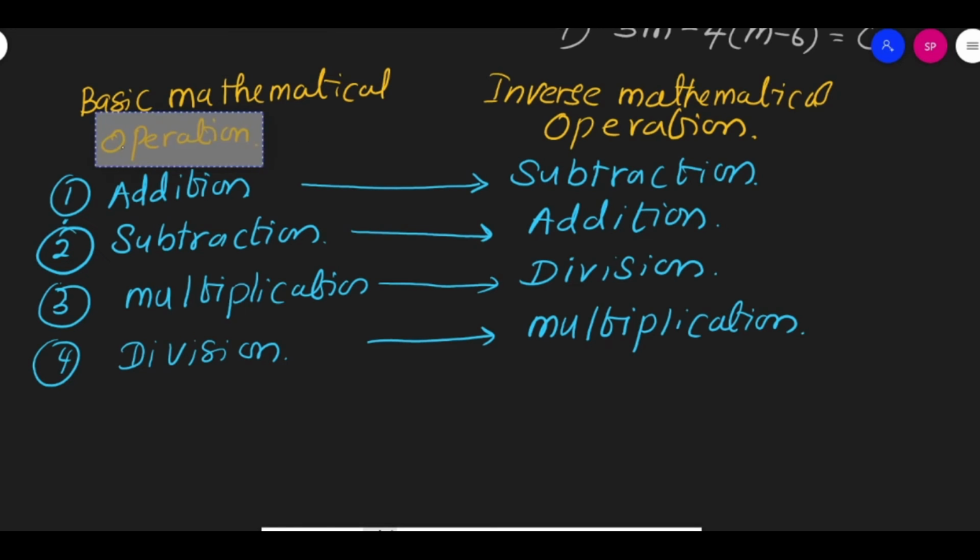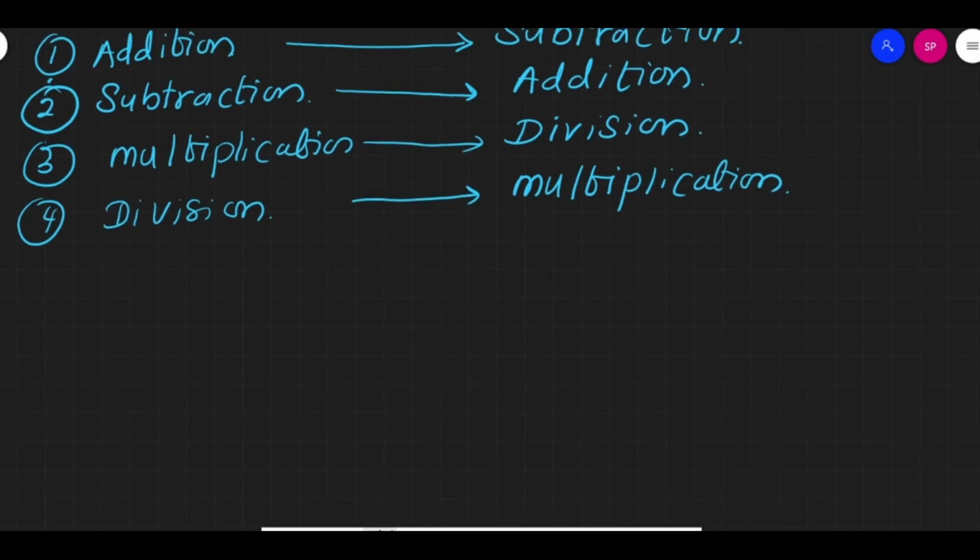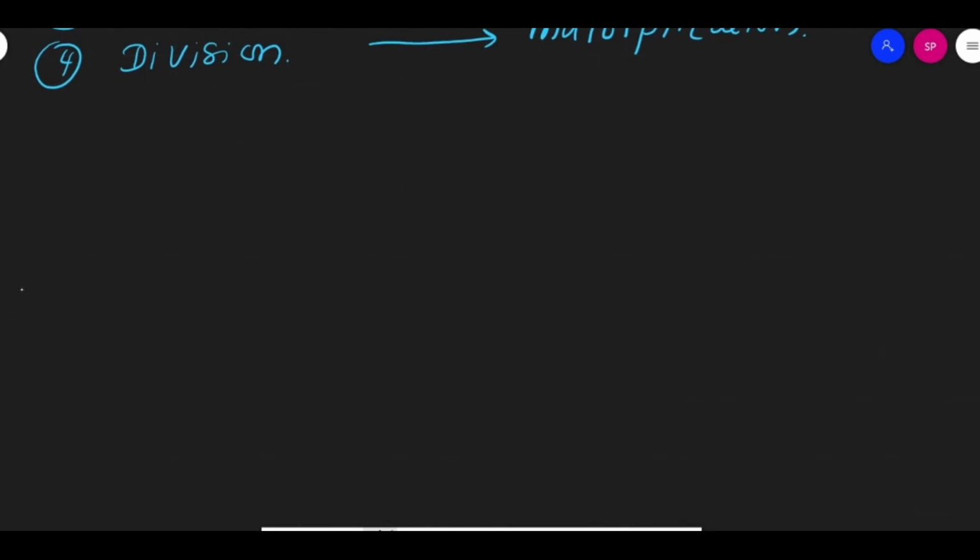Look at this. As an example, if I take value 5, if I add 2, what is the value? It is 7. If I have 7, I told you the inverse of addition is subtraction, isn't it? Yes, it is subtraction.